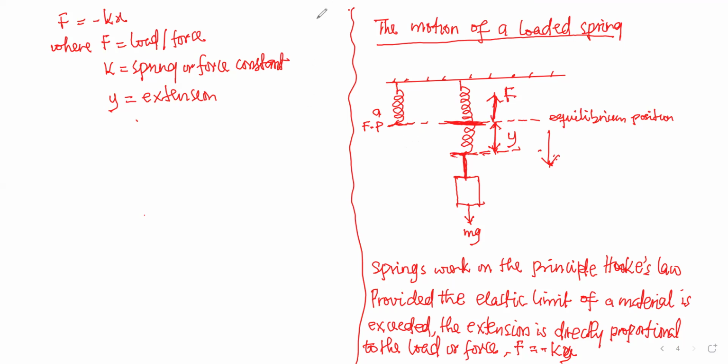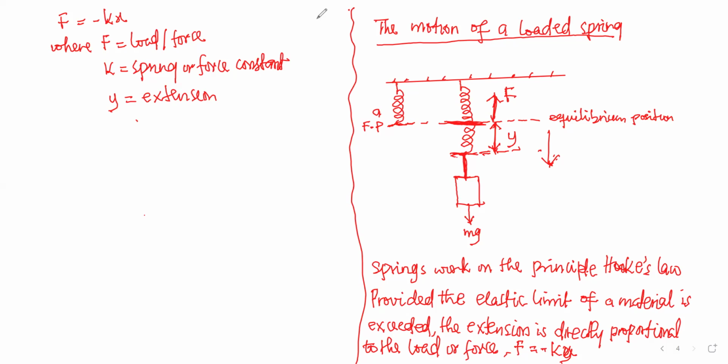Look at what I have. When I extend this and leave it, this position is the equilibrium position when it is at rest. But when I stretch it and leave it, it is always trying to restore back its original length or position.